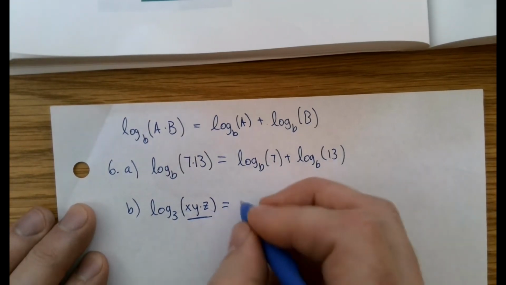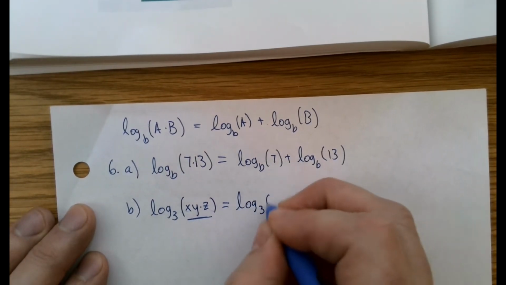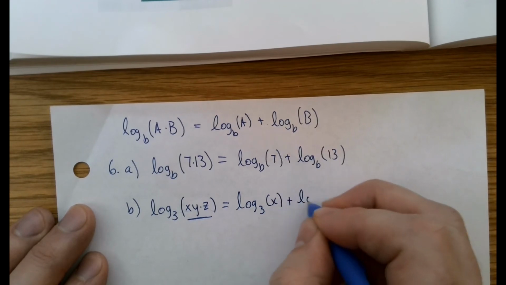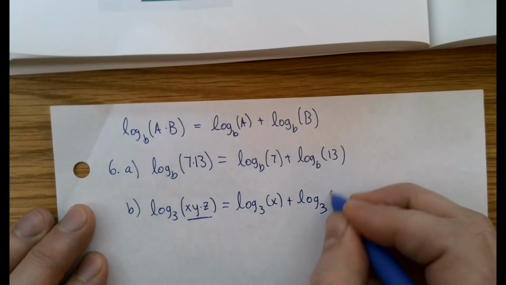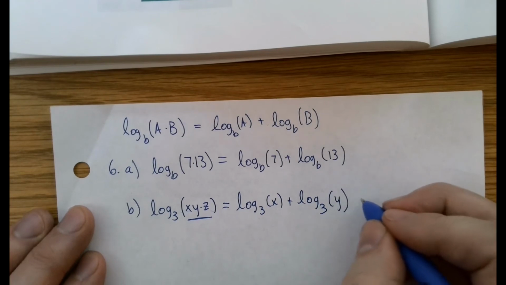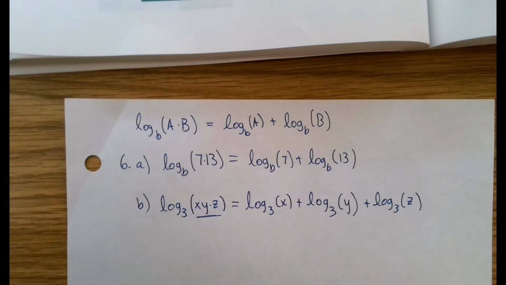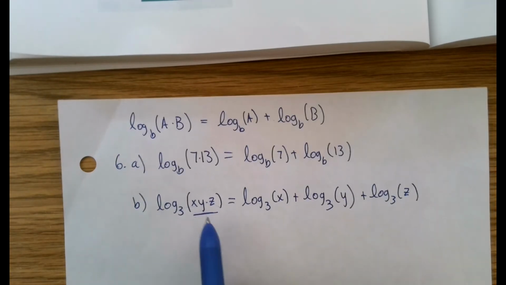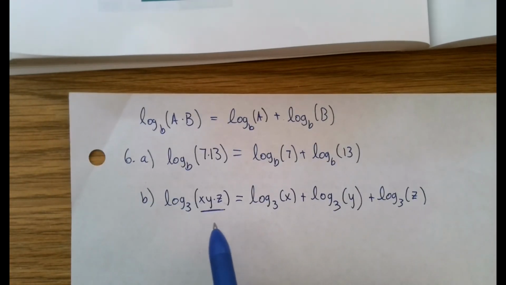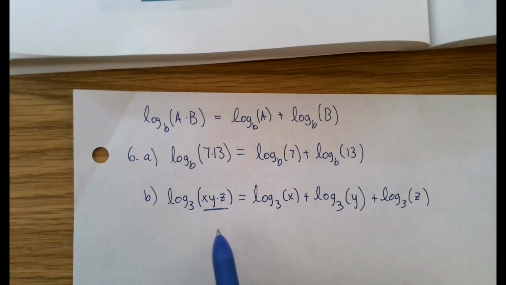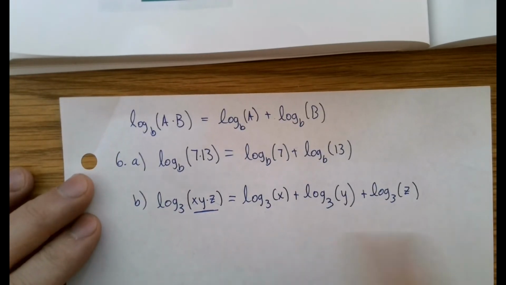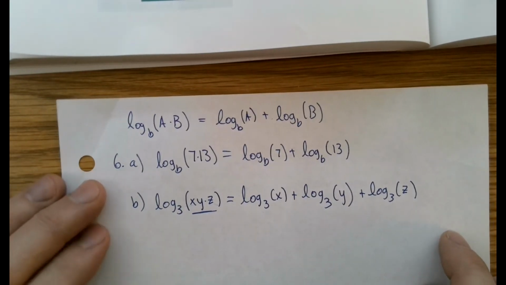So we'll just assume they're all positive numbers, and if they are, then we can write this as the sum of each thing: log base 3 of x, log base 3 of y, log base 3 of z. The point here is it doesn't matter how many numbers we're multiplying together. We can rewrite them all in terms of a sum of each of the individual things.